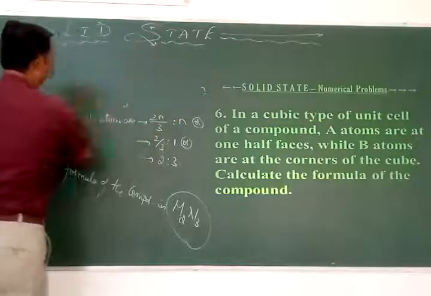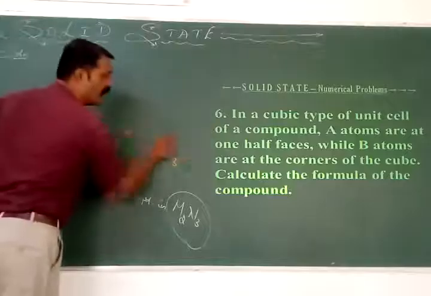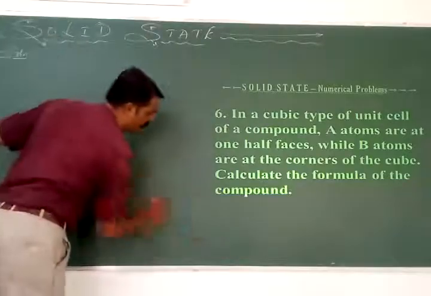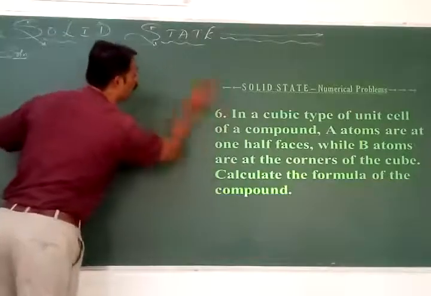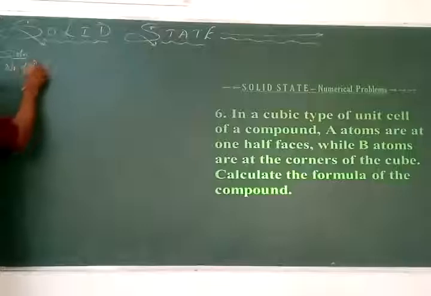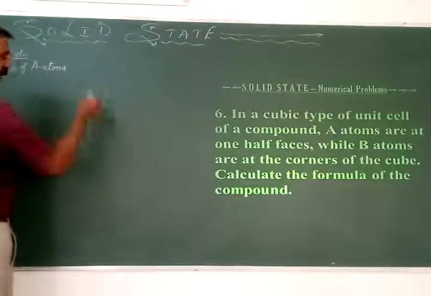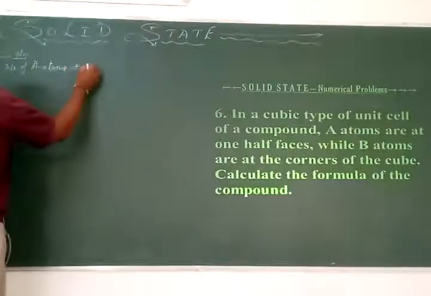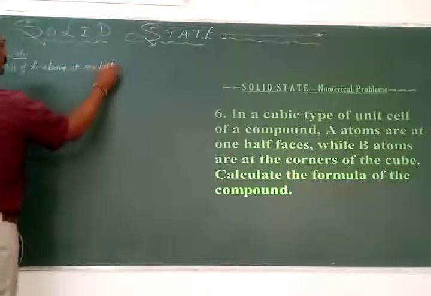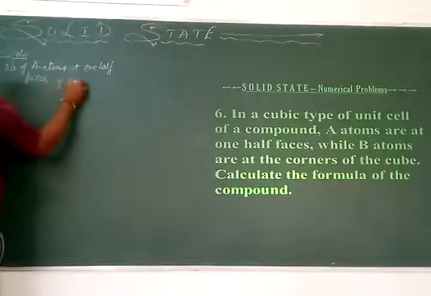Here the compound is formed by two elements, A and B. So here, the number of A atoms at one half of the faces of the given cube.